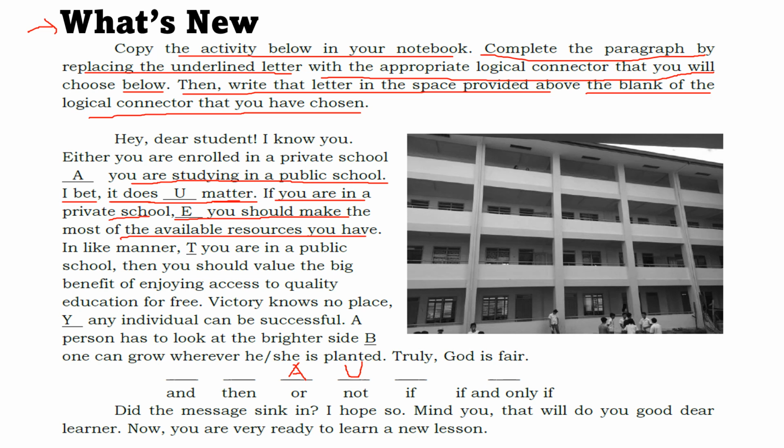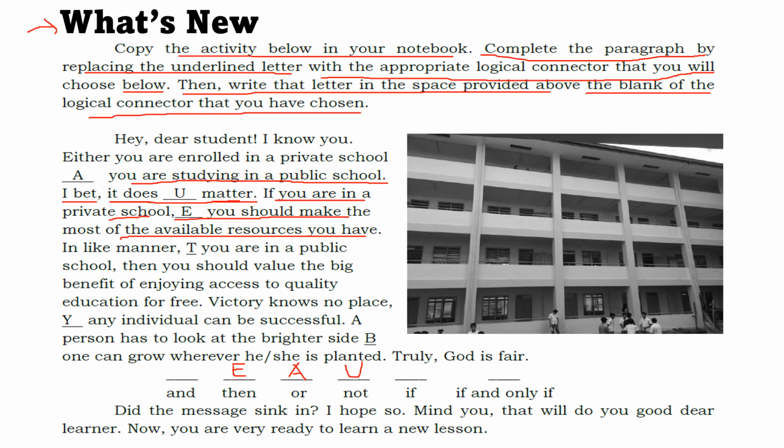Where can we put this E? We can put this E here in your "then." So there's an if-and-then scenario on this one. If you are in a private school, then you should make the most of the available resources you have. So there is a conditional proposition here.